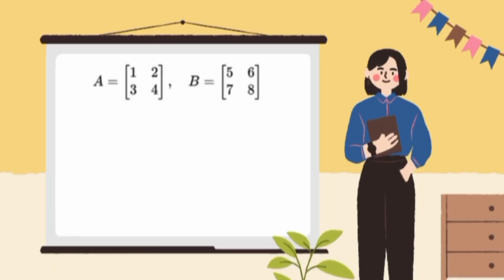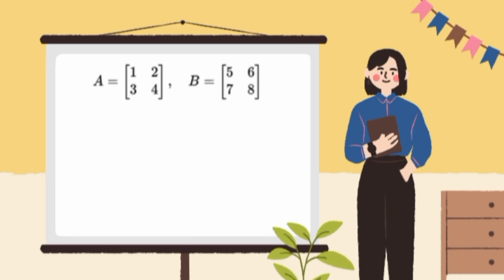For example, we have matrix A and matrix B. Matrix A is equal to 1, 2, 3, and 4, and matrix B is equal to 5, 6, 7, and 8. Since both matrices have the same order, having 2 rows and 2 columns, therefore we can add them.